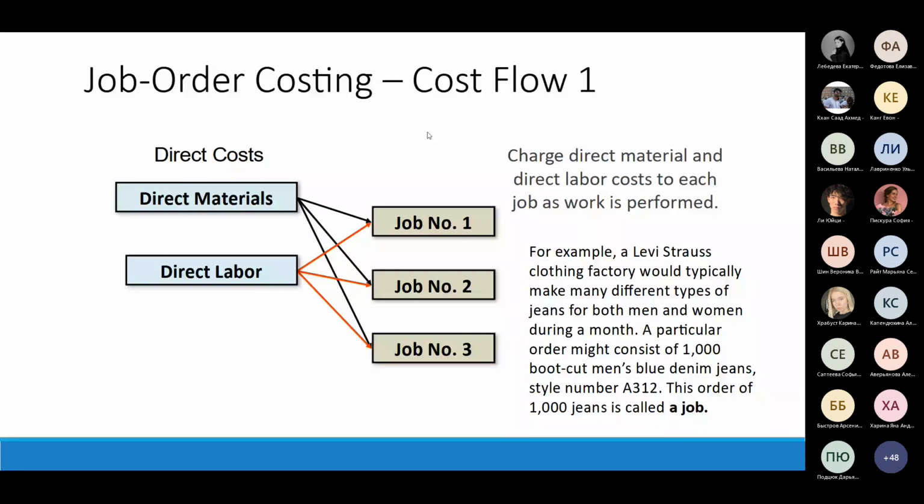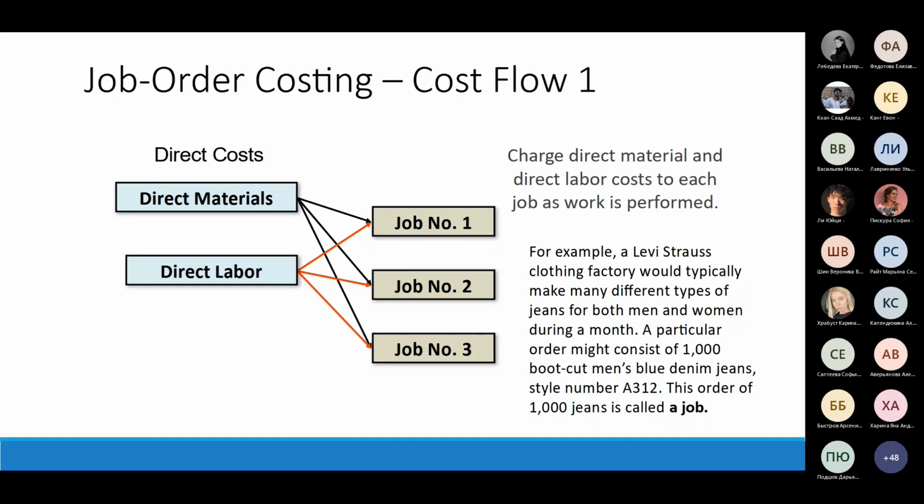For example, Levi Strauss clothing factory would typically make many different types of jeans for both men and women during a month. A particular order might consist of 1,000 bootcut men's blue denim jeans, and this particular sort of jeans is a specific job for this factory.